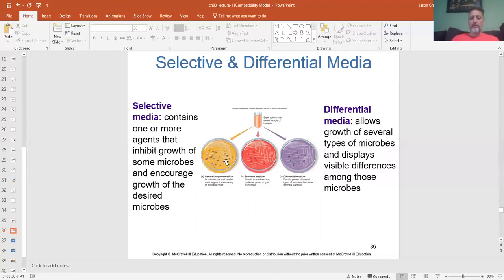You get lots of different colors, sizes, and shapes of bacteria. On the selective, they're only showing you the one color, this red, because it's inhibiting everything else. And on the differential, it's showing you the difference between two by showing you a color change. Sometimes a medium can be selective and differential at the same time.